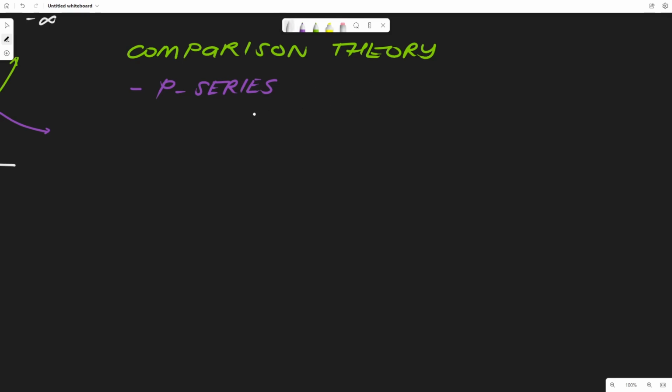So, generally, a P-series has the form of 1 over x raised to P, dx from 1 to infinity. Okay. So, meron tayong condition dito. If P is greater than 1, the integral is convergent.